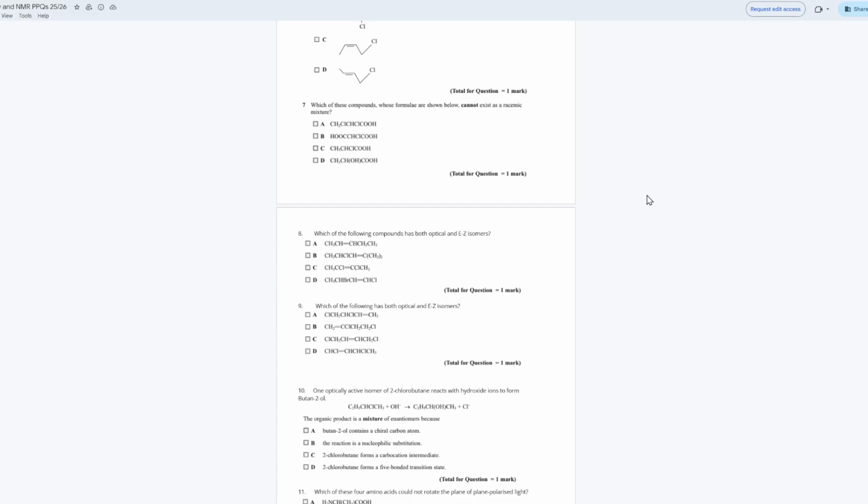Wait, C? Does C even have EZ? Yeah, it does, right? But C can't be the answer because all of the carbons have either a double bond or 3 hydrogens on them. So we can eliminate C as well.